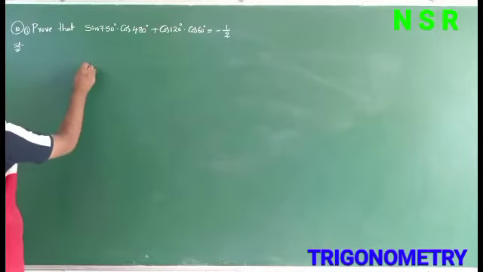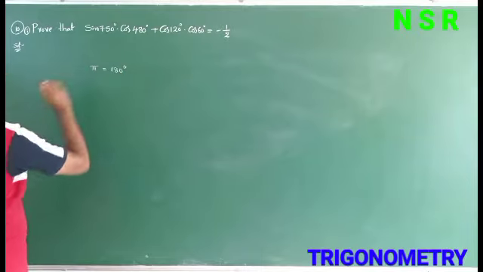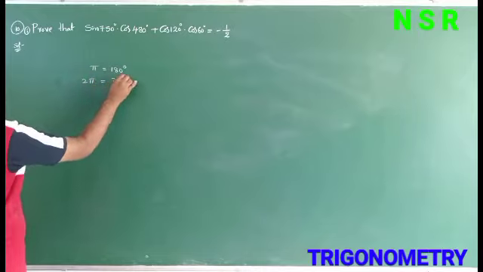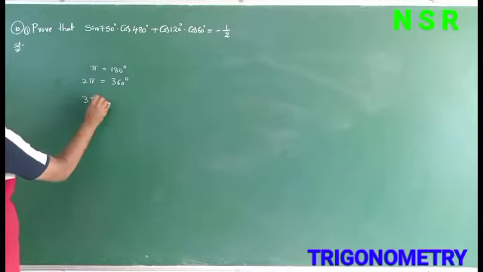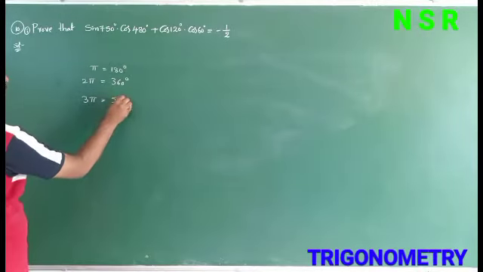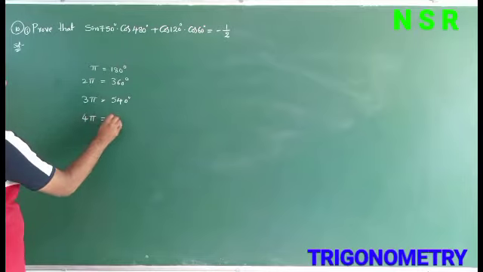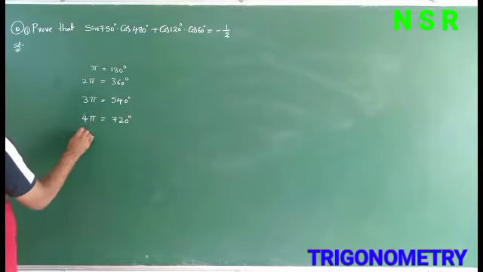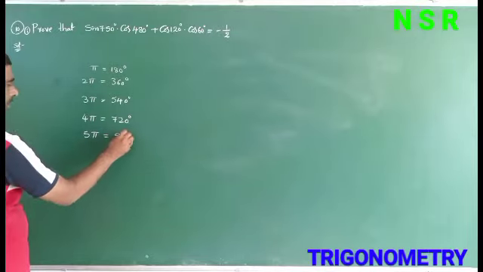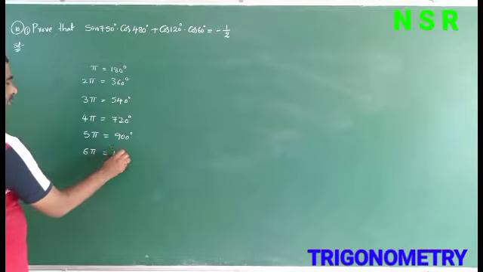Before that, you remember these values: pi means 180 degrees, 2 pi means 360 degrees, 3 pi means 3 into 180, 540, 4 pi is 180 into 4, 720, 5 pi is 180 into 5, 900, and 6 pi is 180 into 6, 1080.